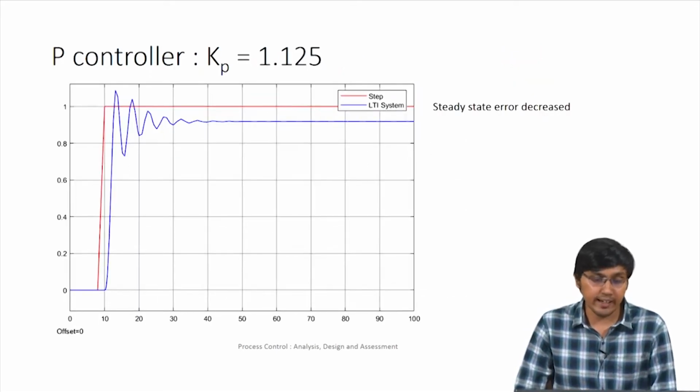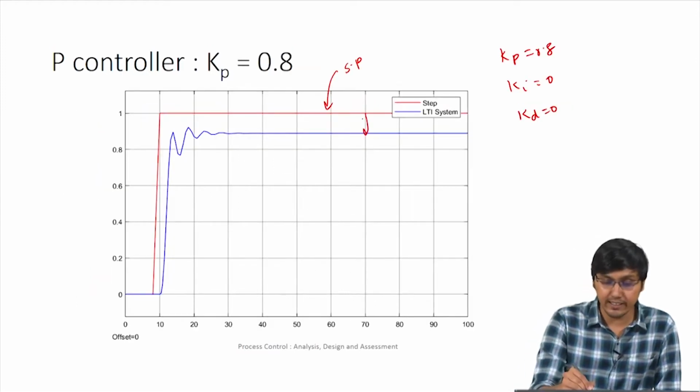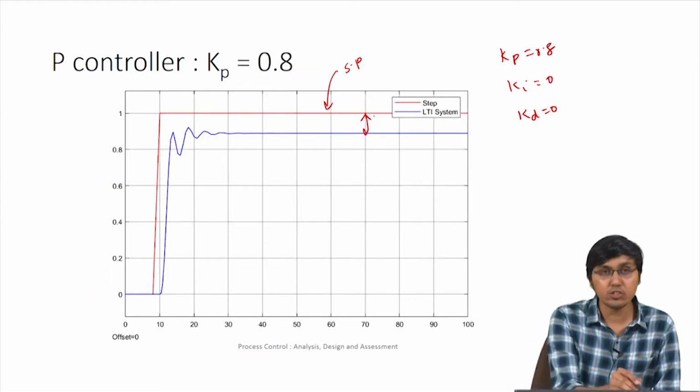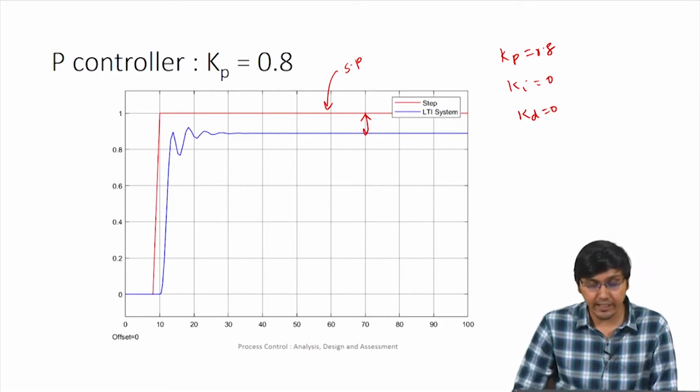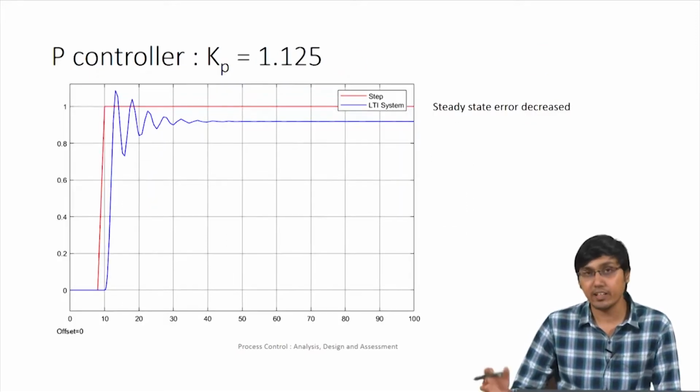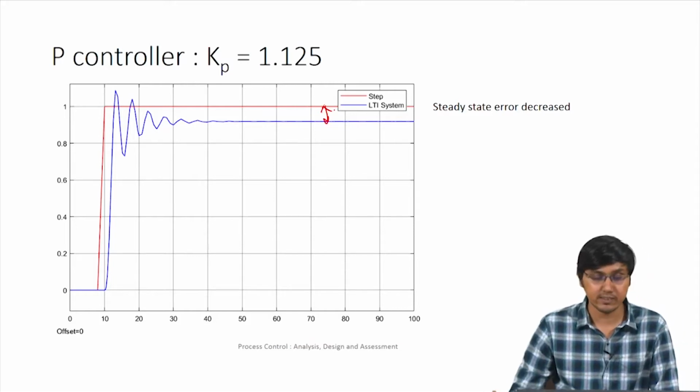Now again we ask the question: I want to decrease the offset. We can see clearly there is an offset here. I wanted the flow to go to 1, but it has gone only up to about 0.9. We have seen that by increasing the value of Kp we can decrease this, and evidently this value has decreased when you compare to the previous one.